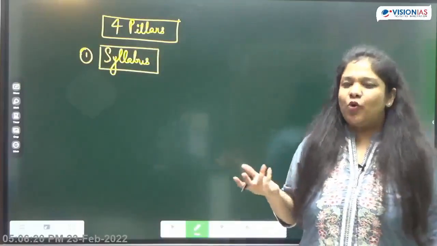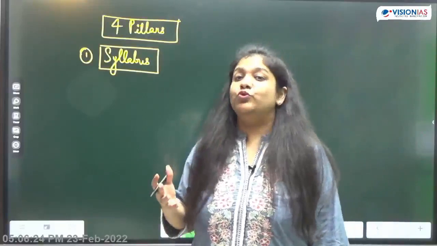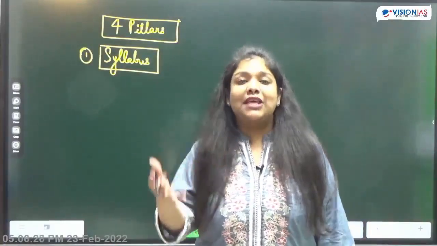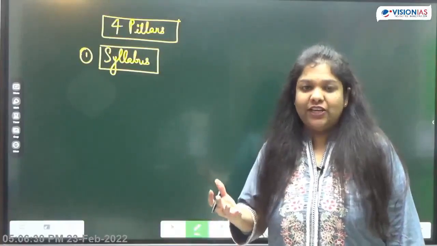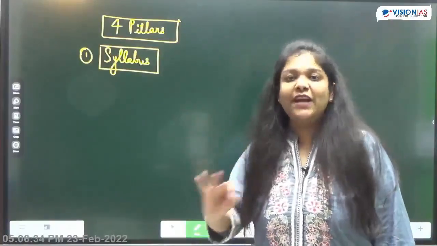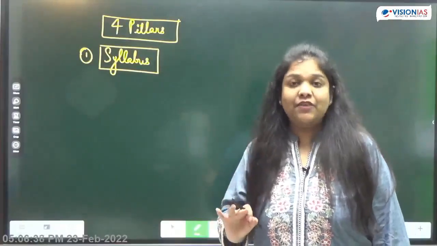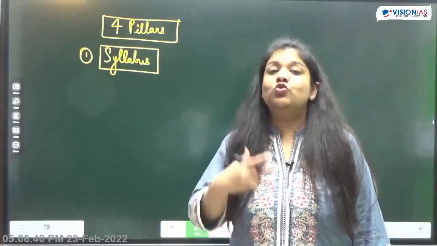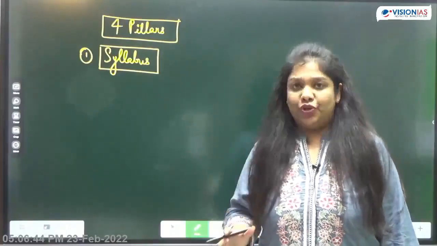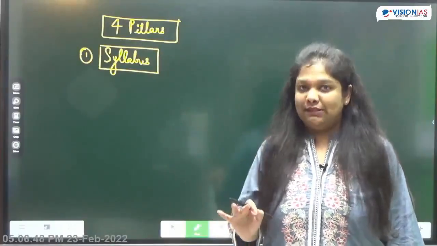Barring topics like moral thinkers, they have very clearly specified what you are supposed to prepare. Whether it is ethics and human interface, attitude, or emotional intelligence, what exactly they are looking for, they have specified it very clearly. Now it is our task to make sure that every aspect of the syllabus is covered, and we are prepared with each and every topic mentioned in the syllabus.